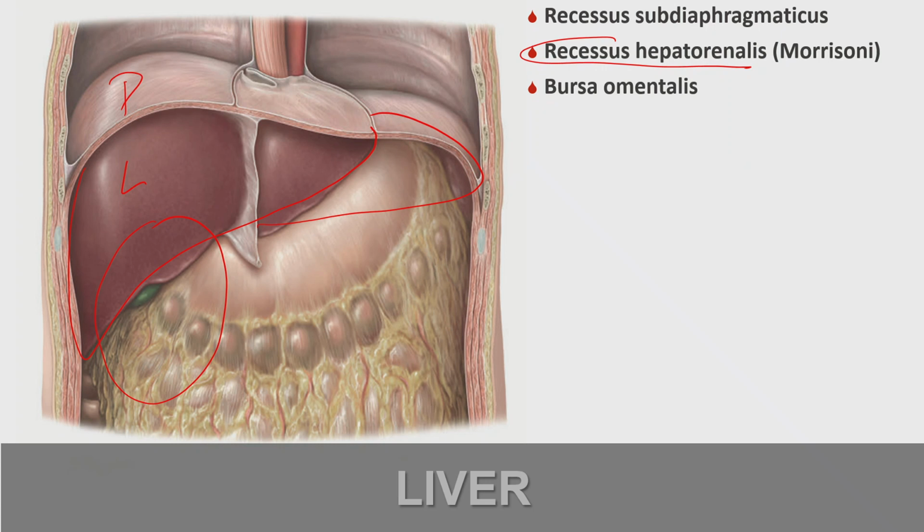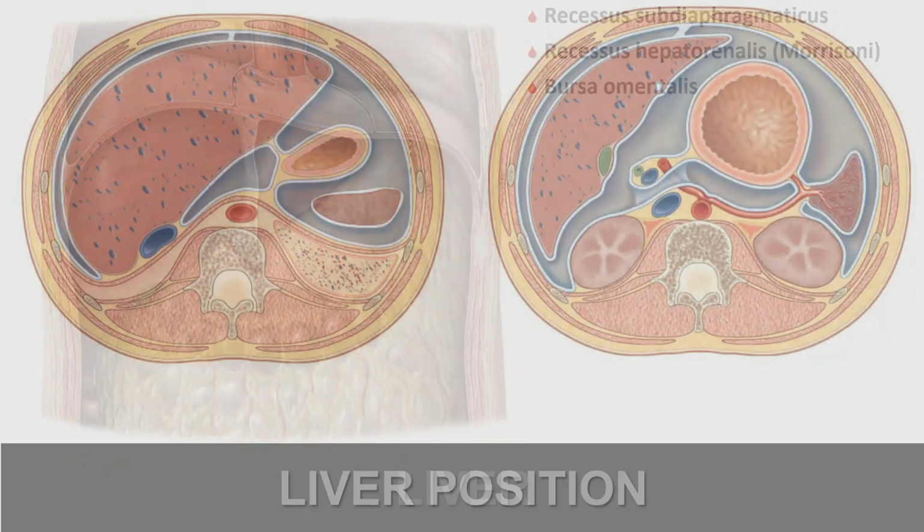And the third space is the space between the stomach, or below stomach, and below liver, called omental bursa or bursa omentalis. So those are three spaces surrounding liver tissue, and liver tissue is covered mainly by peritoneal coverage, with some small exception.